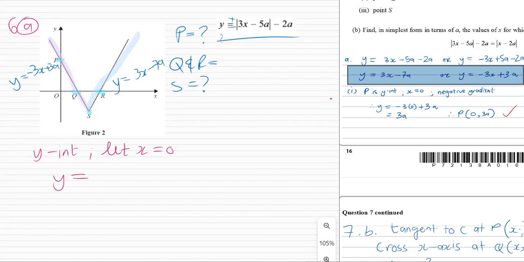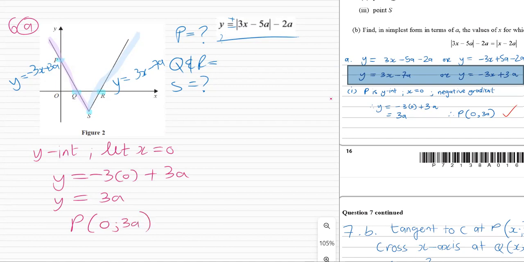We can just sub x is 0, so minus 3 times 0 plus 3a. And obviously then we know that the y will be 3a when x is 0. So that means our point P is (0, 3a).